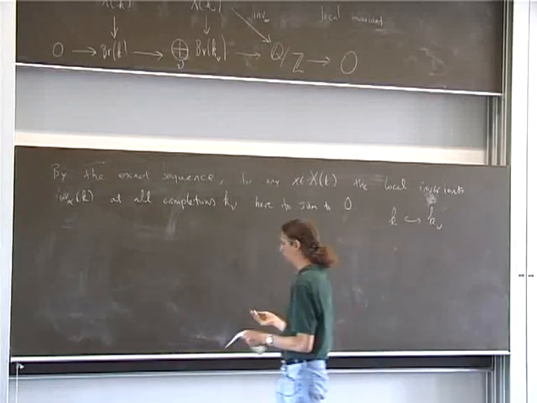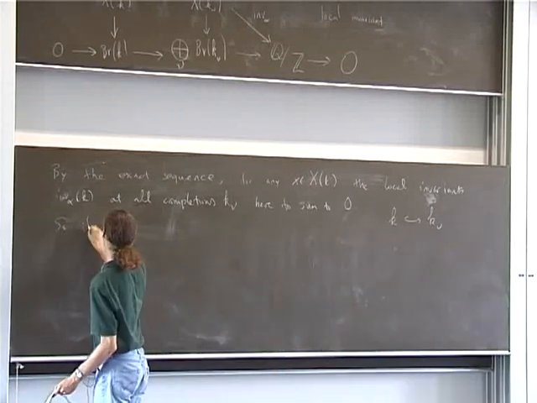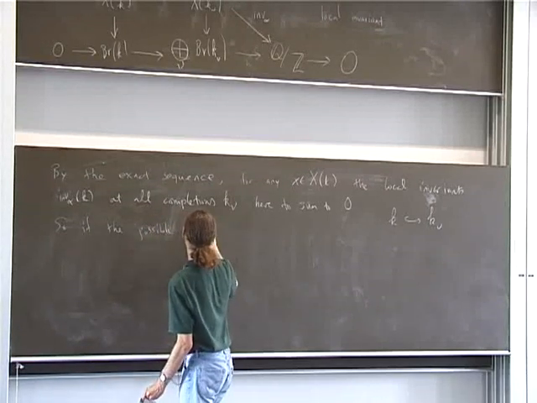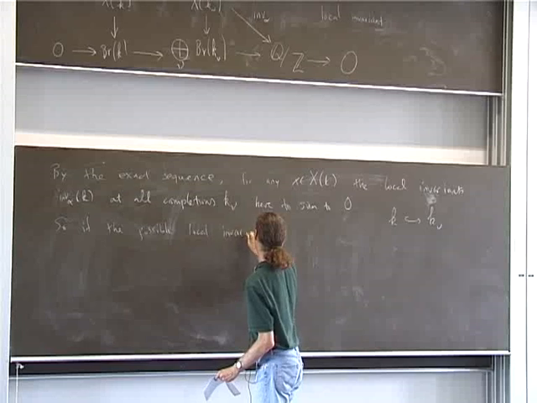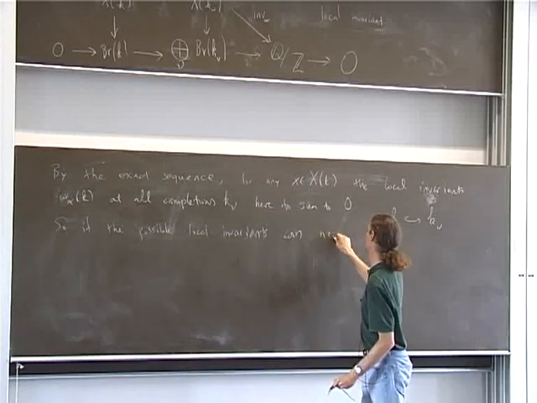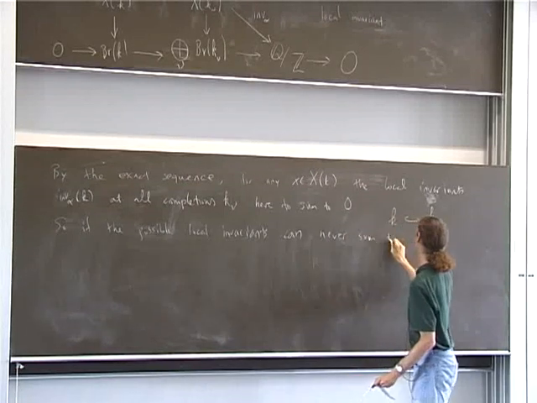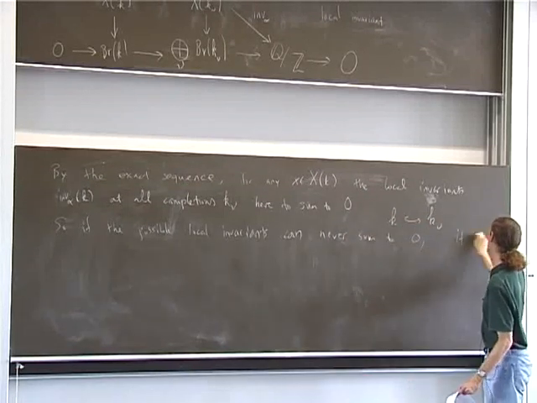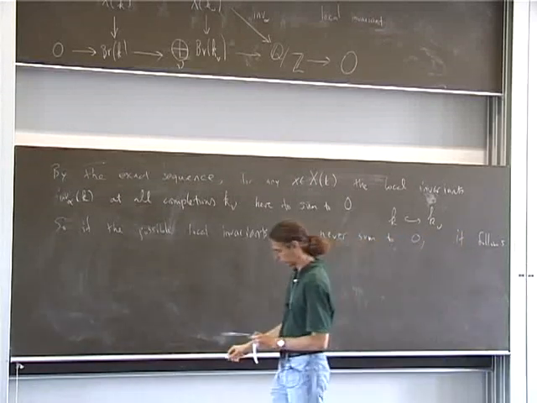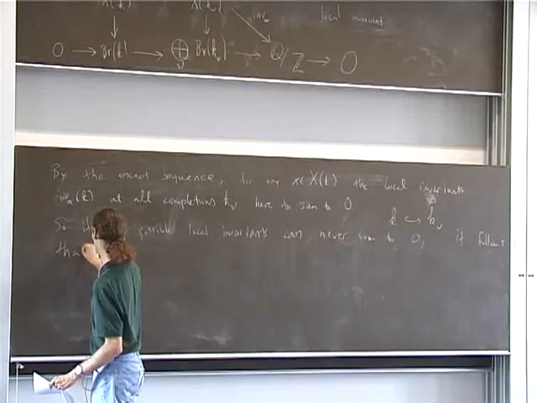So if the possible local invariants can never sum to 0, it follows that there are no rational points.